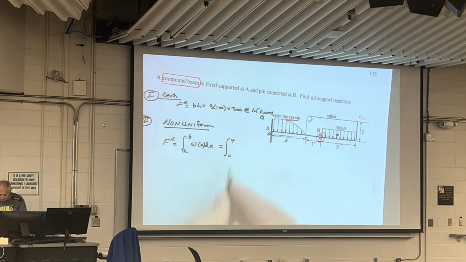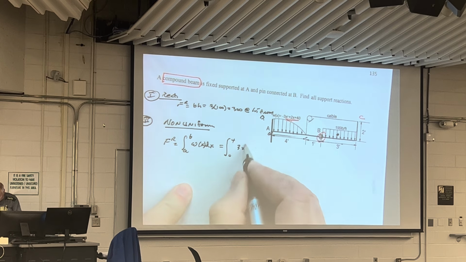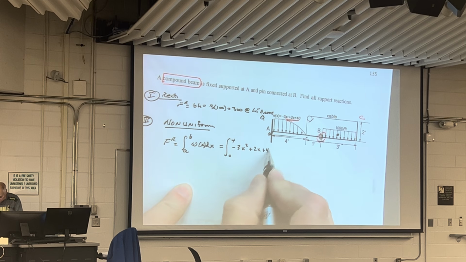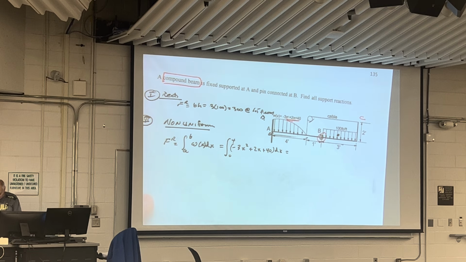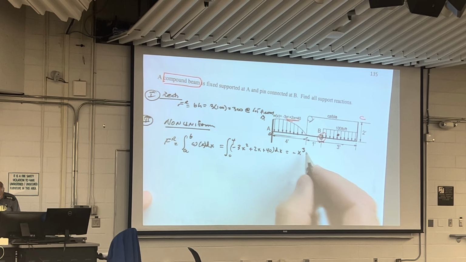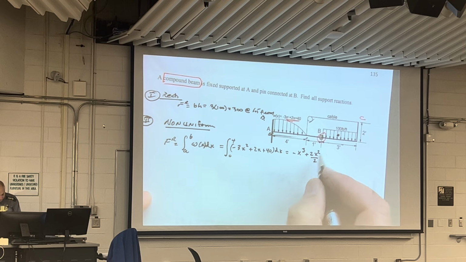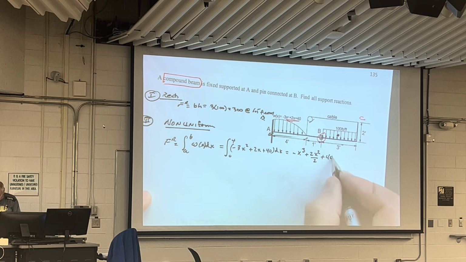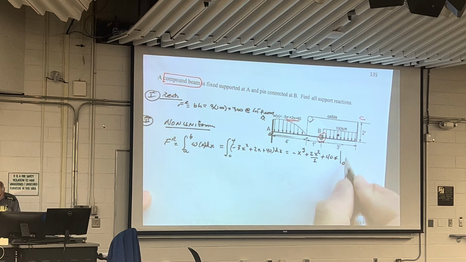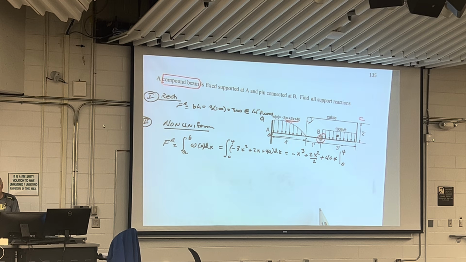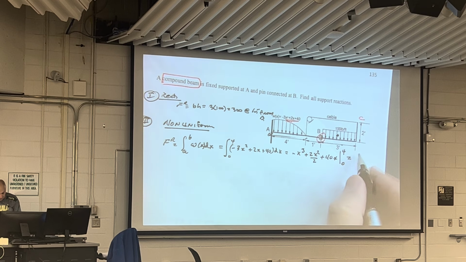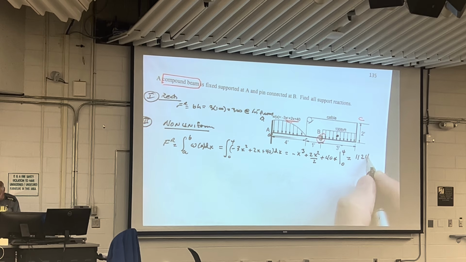Integral 0 to 4 of negative 3x squared plus 2x plus 40 dx. That's going to be minus x cubed plus 2x squared over 2 plus 40x, evaluated from 0 to 4. Now your evaluation skills kick in. It'll be 112 pounds.